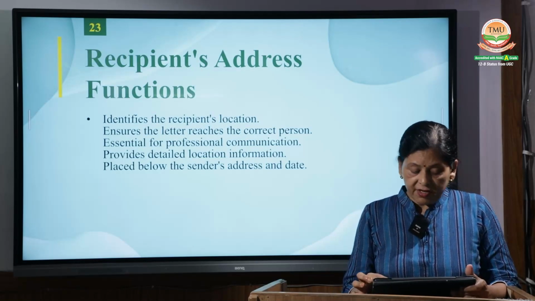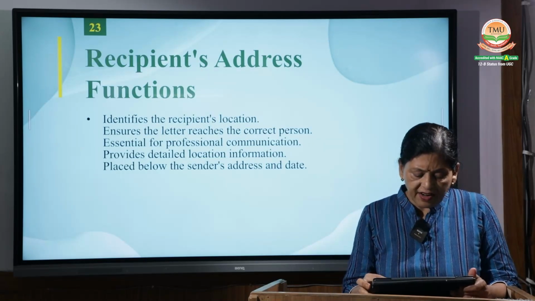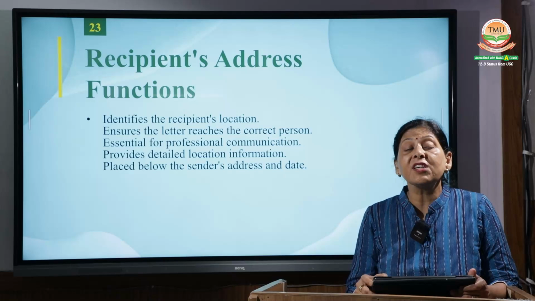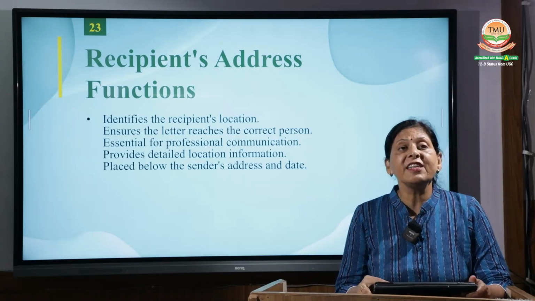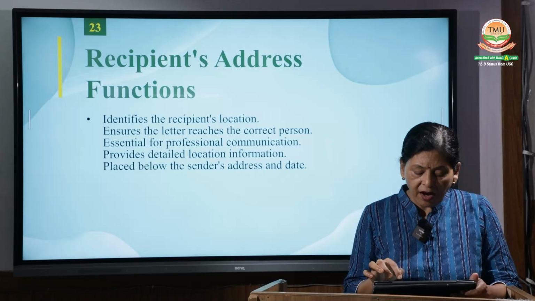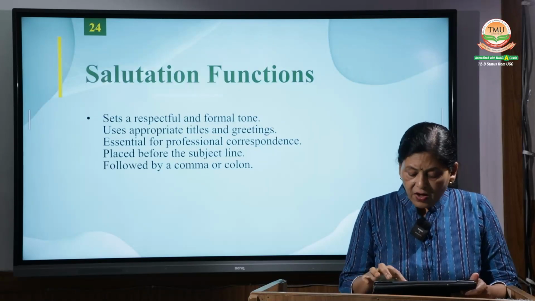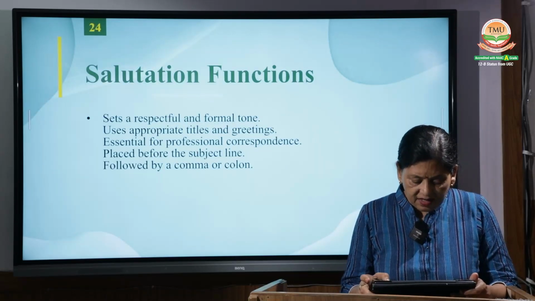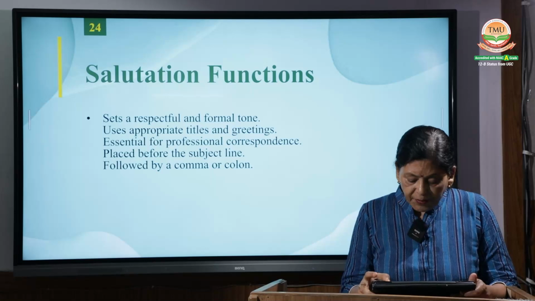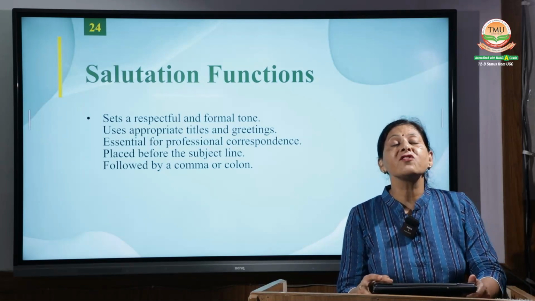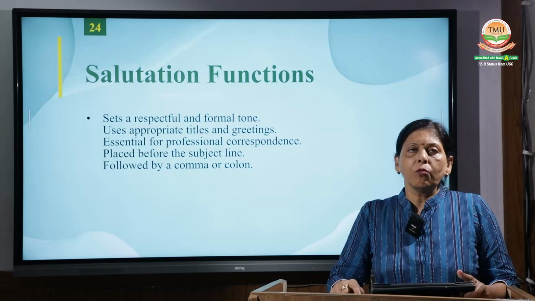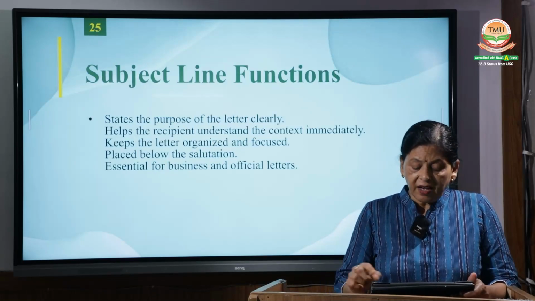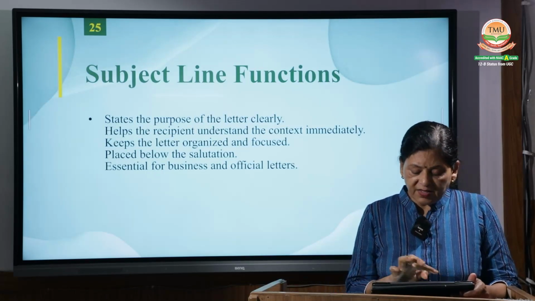Then the recipient's address. What is its function? It identifies the recipient's location, where the recipient belongs to, and all the detailed information, the address, the landmark, everything has to be written. Then the salutation functions: the salutation comes just after the subject line, and it is the greeting, which has to be in a respectful tone.